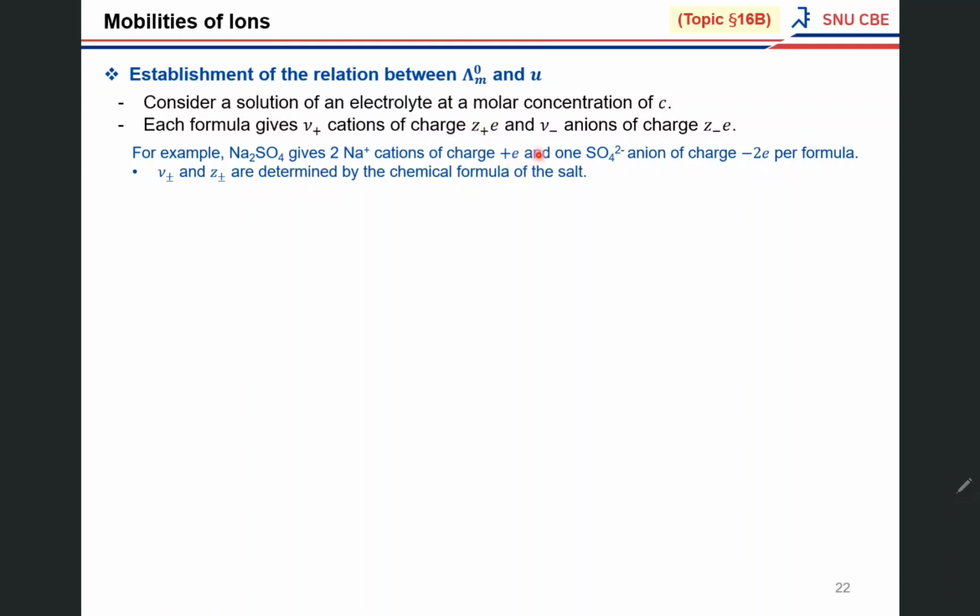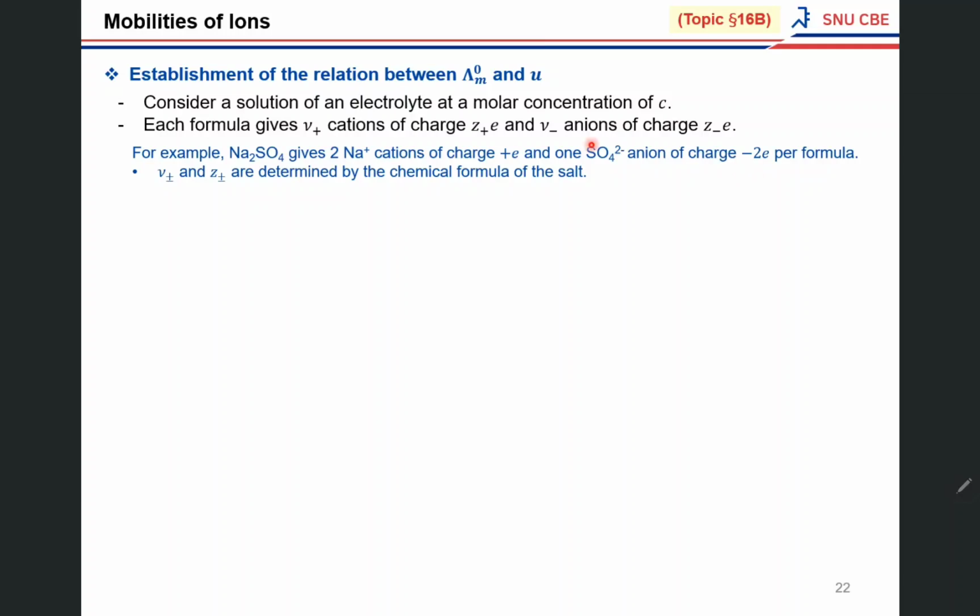And the same for the sulfate anion. Every single Na2SO4 gives one sulfate anion, so we have the value of 1 for nu minus, and each anion carries negative 2e charge, so Z minus equals negative 2.